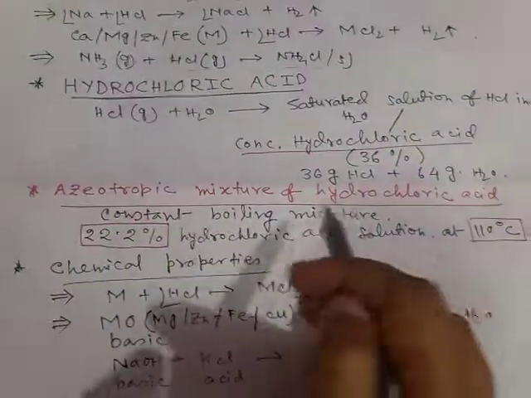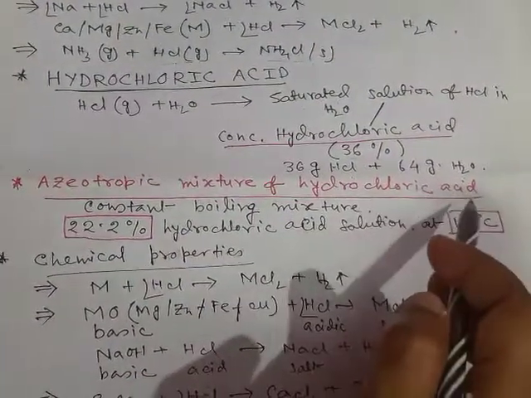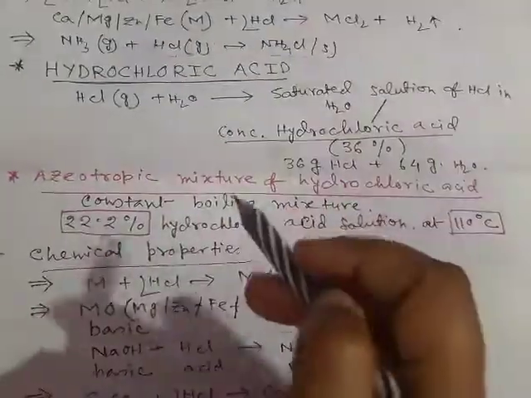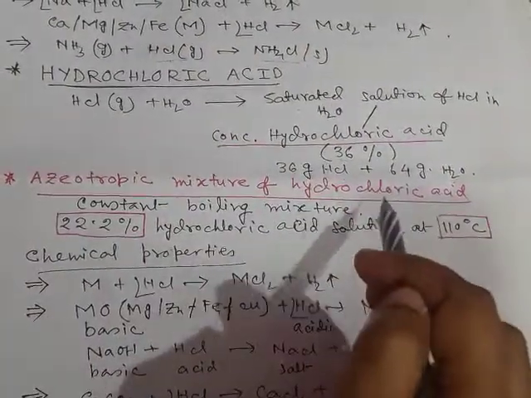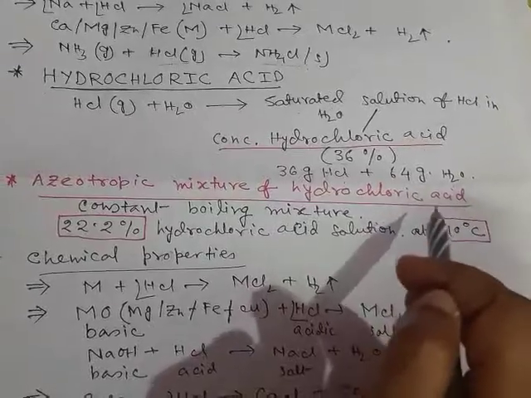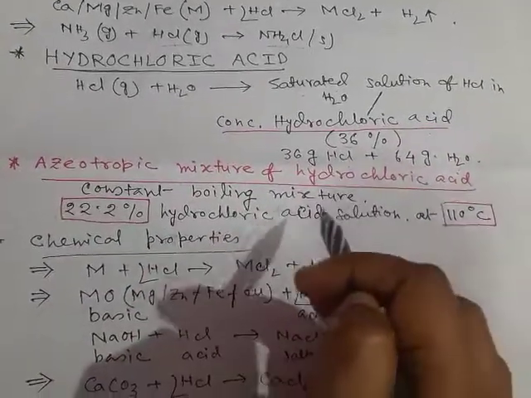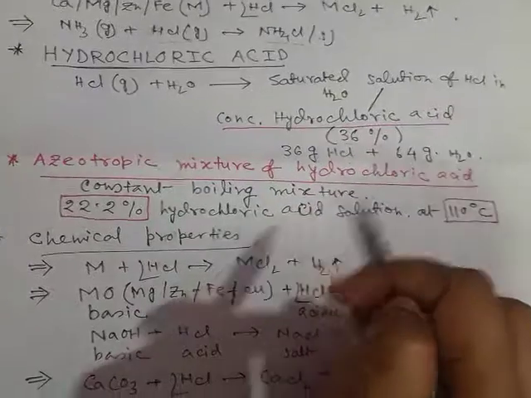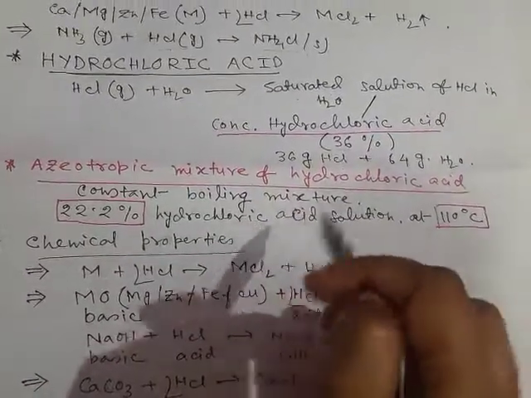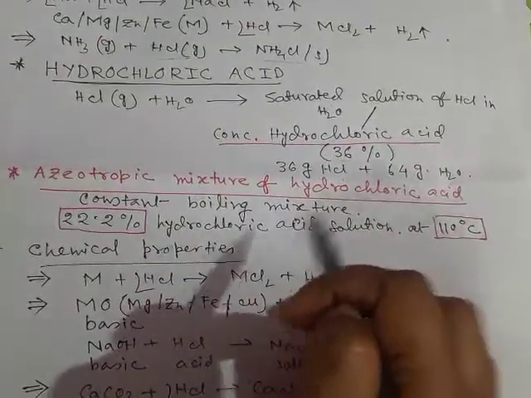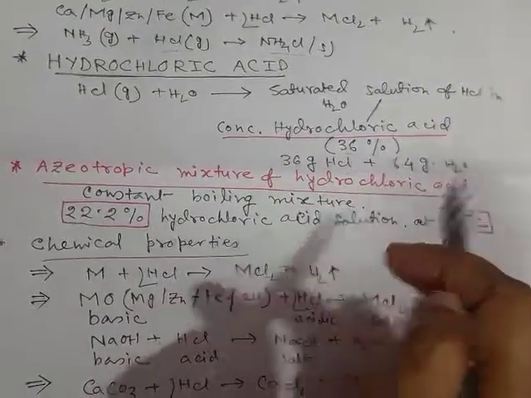Now the azeotropic mixture of hydrochloric acid. What is an azeotropic mixture? If you take a dilute solution of hydrochloric acid and heat it continuously, there will be evaporation of water. The more heat you give, the more evaporation takes place, and the solution becomes more and more concentrated.